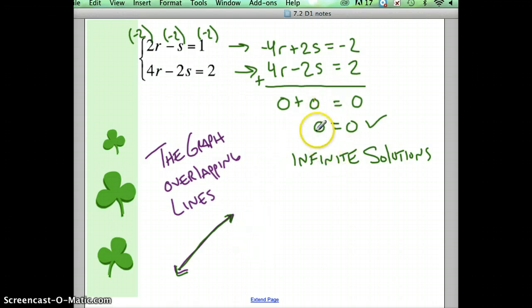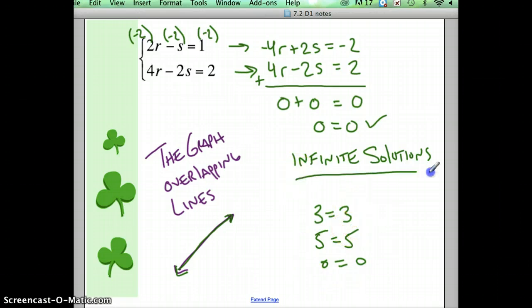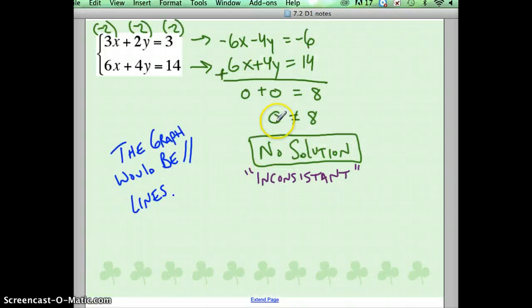So that is when something equals something. So you might be doing the problem and you might wind up with 3 equals 3 or 5 equals 5 or 0 equals 0. Those are all true statements, so it's infinite solutions. On the last example, 0 did not equal 8. If you get anything not equal to something else, that's no solution.